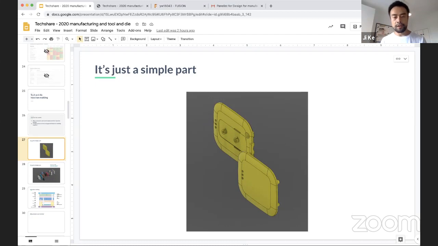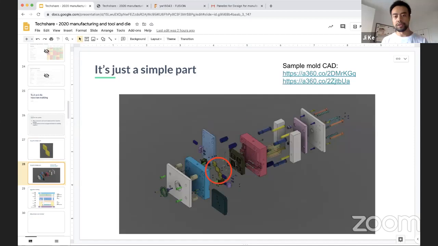If you explode it a bit to see how much tooling and complexity goes into design, you will see that it's actually quite complex, right? A lot of different metal components go inside that enable the manufacturability of that part.